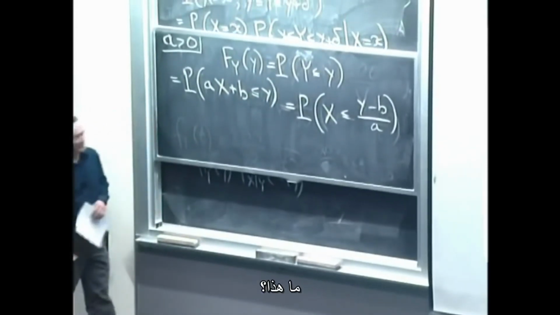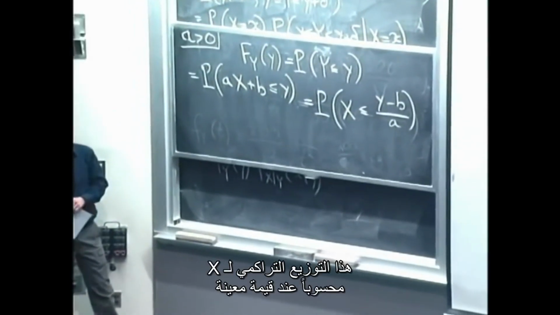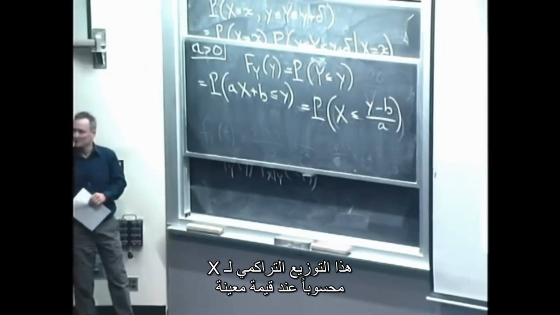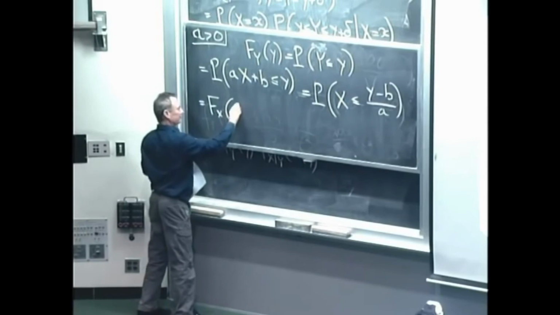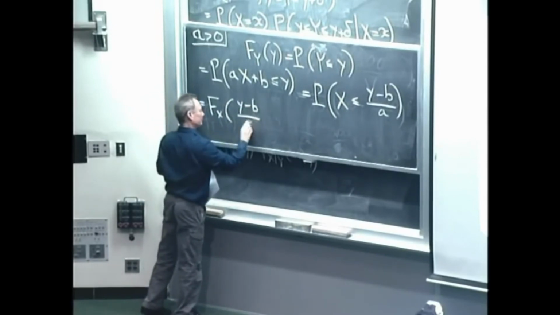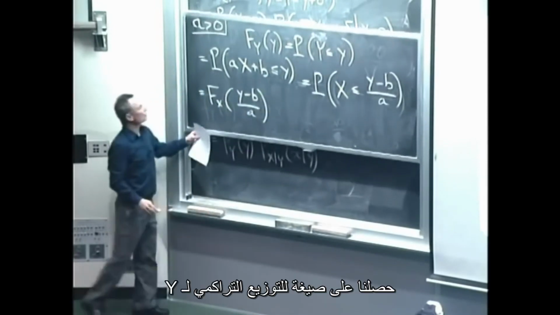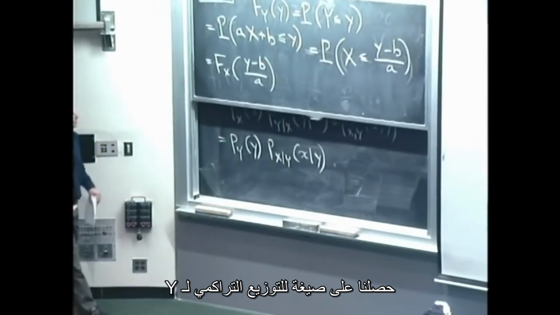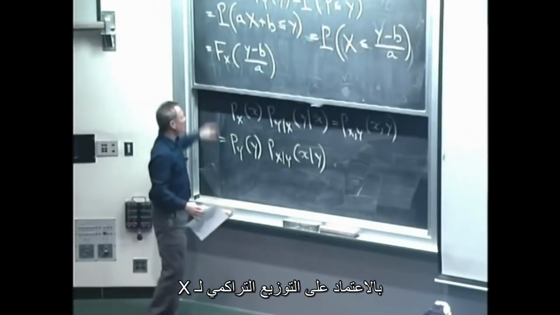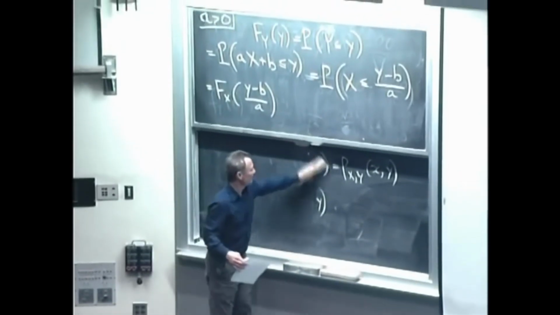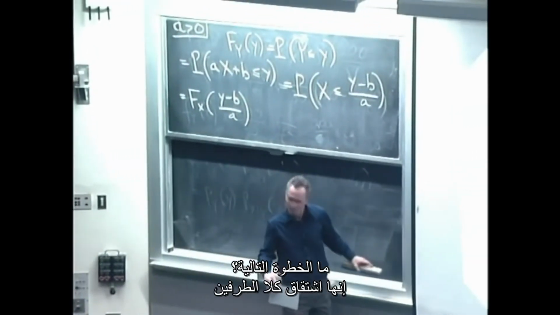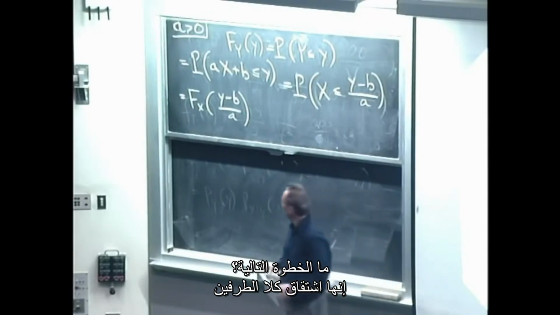Okay, now what is this? This is the cumulative distribution of x evaluated at a particular point. So we got a formula for the cumulative of y based on the cumulative of x. What's the next step? Next step is to take derivatives of both sides.